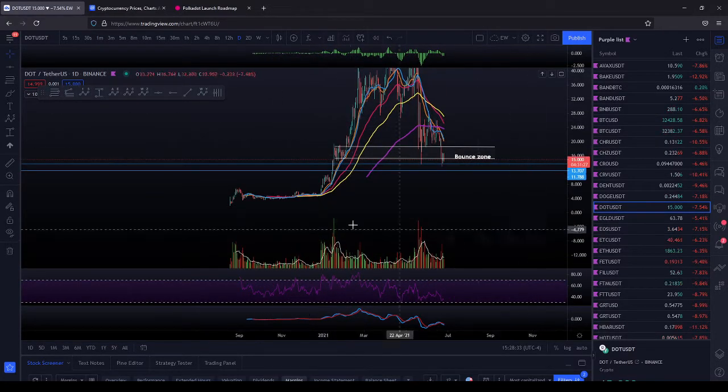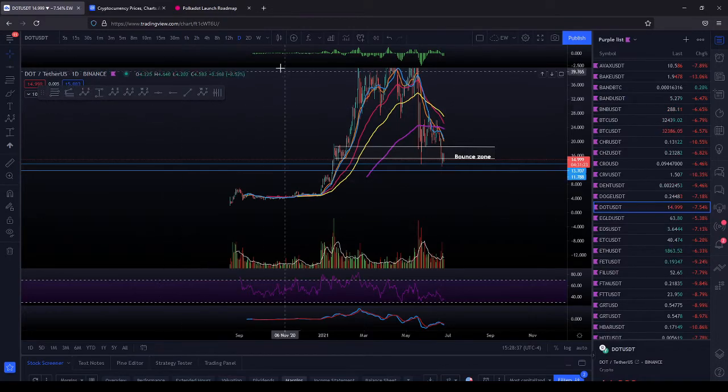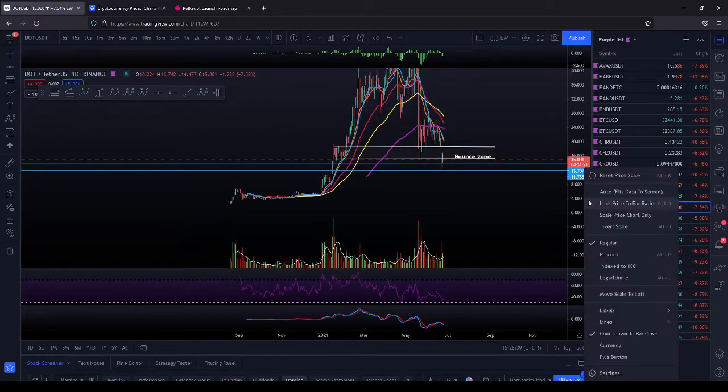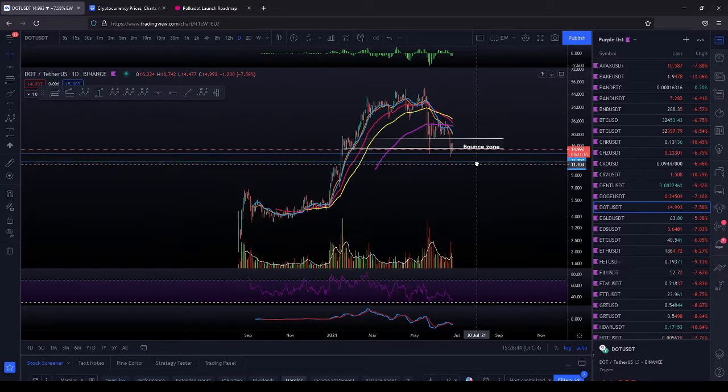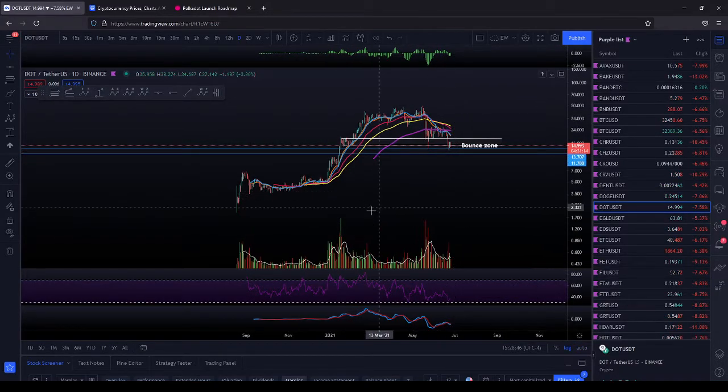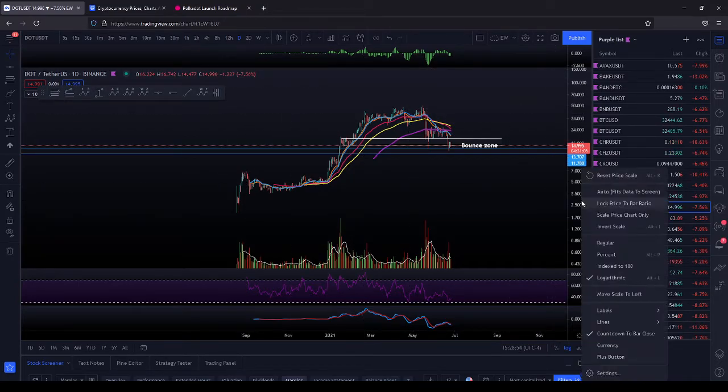wave one. Let's put it on the log so it'll be easier to... That's not easier.